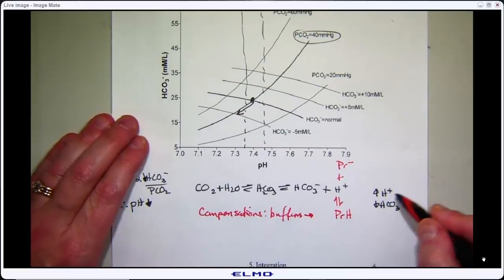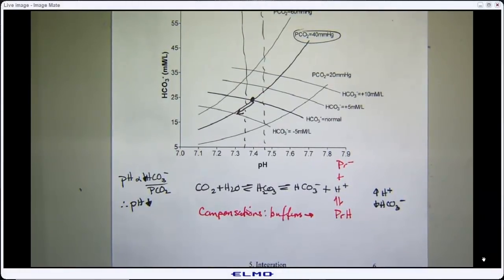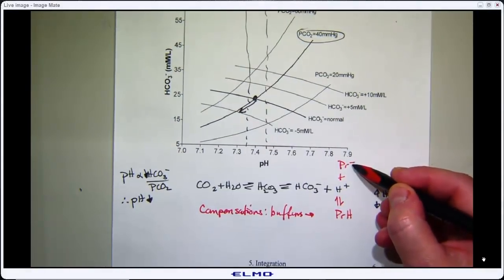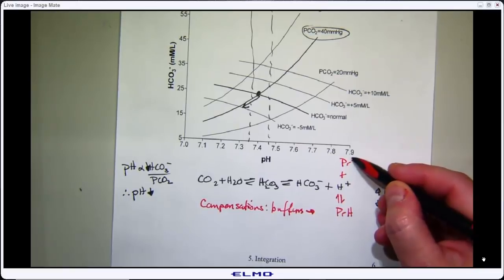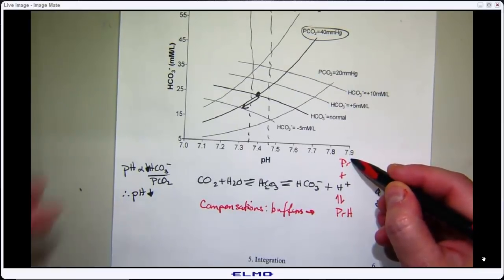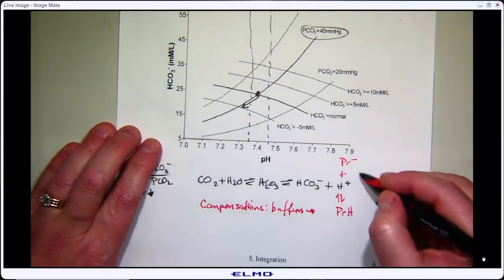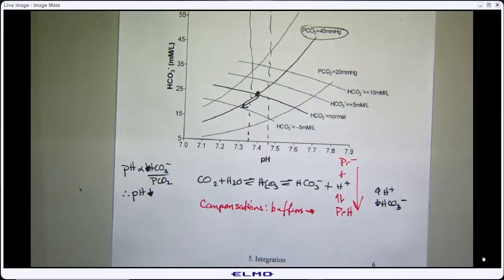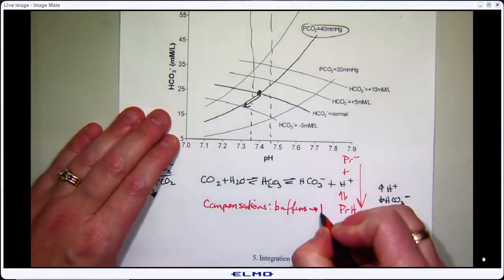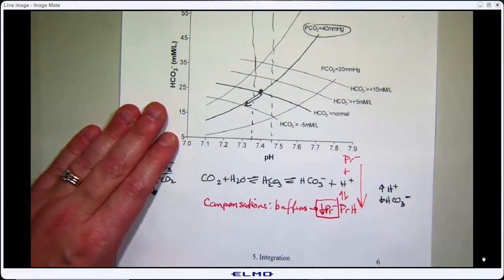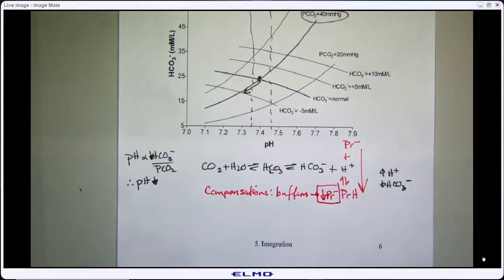So if I have an increase in hydrogen ion, do I have an increase or a decrease in our buffer pool? We're going to have a decrease. So if I have an increase in hydrogen ion, we will push the equation in this direction because it can move. That's what buffers are for, right? So would we expect to see a decrease in that protein pool? Yes, because we're binding it up. This is us minimizing the disturbance. We're hiding that hydrogen ion.